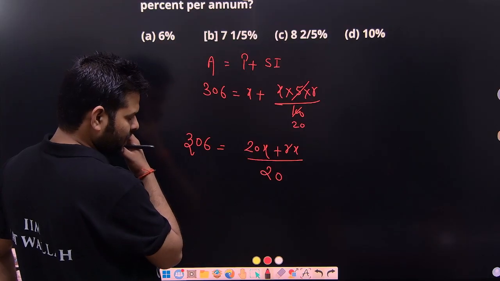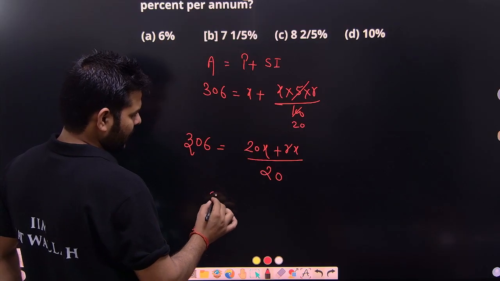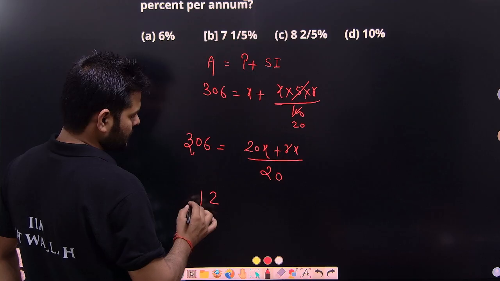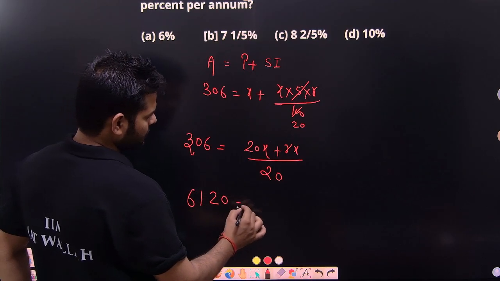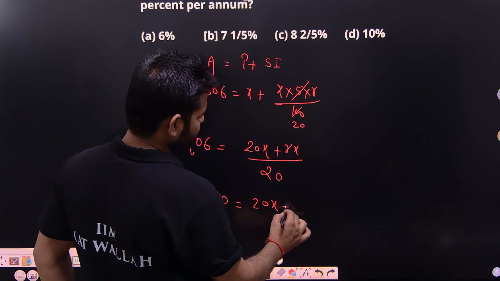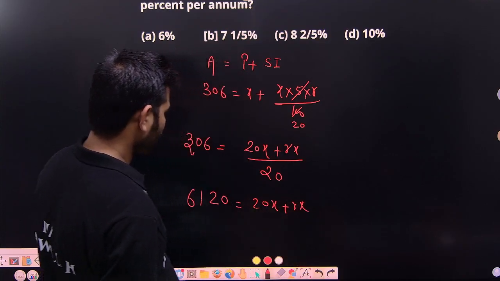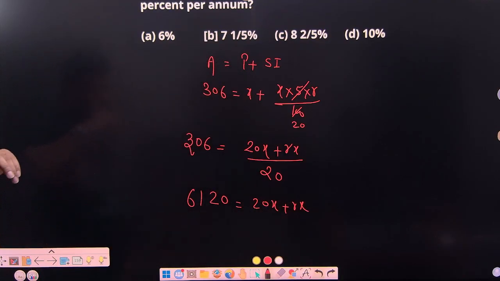If you multiply, you will get 6120 equals 20x plus rx. Got it? Okay.